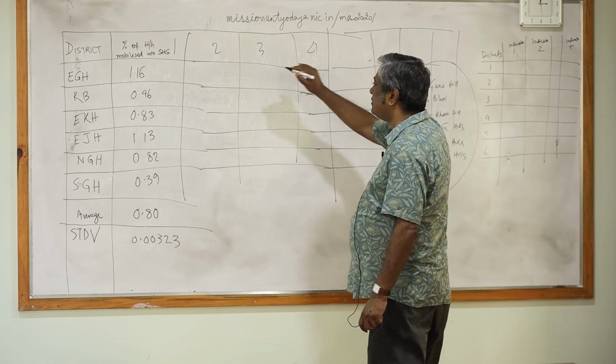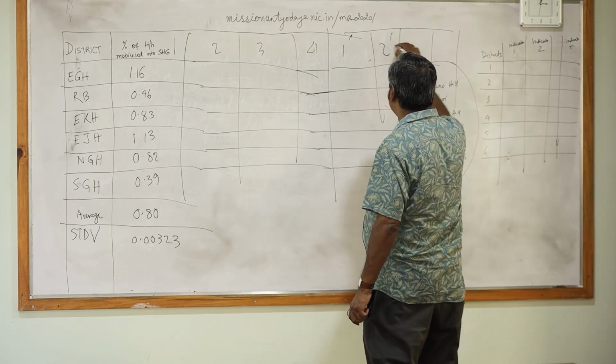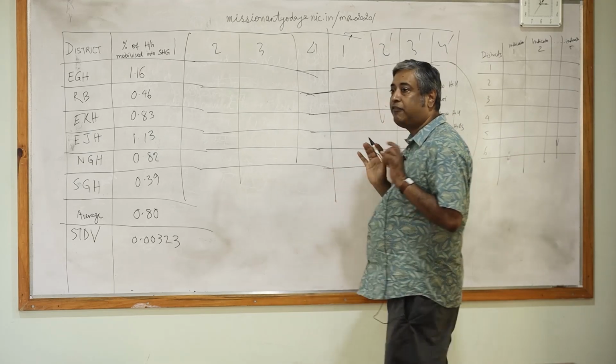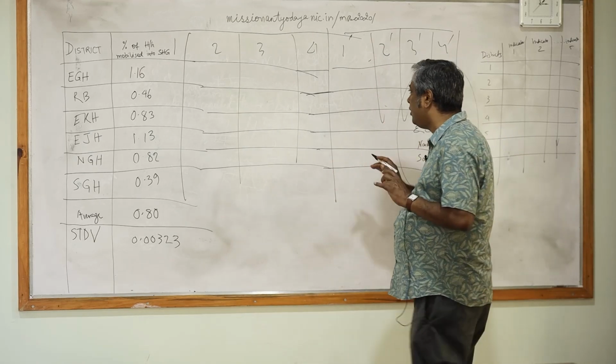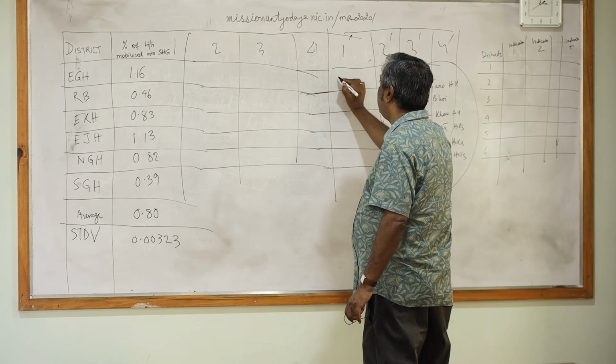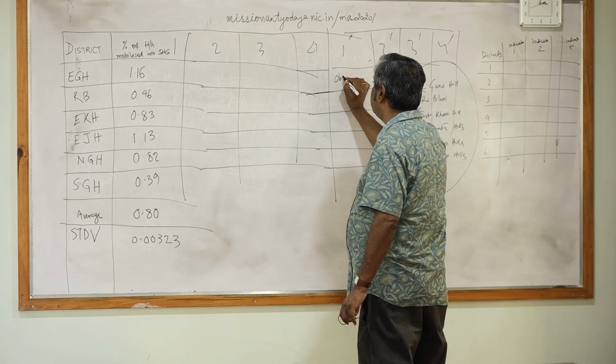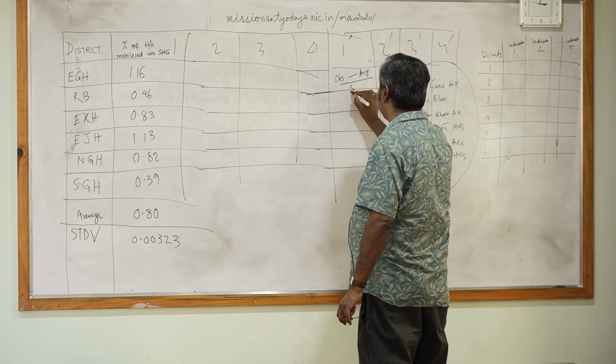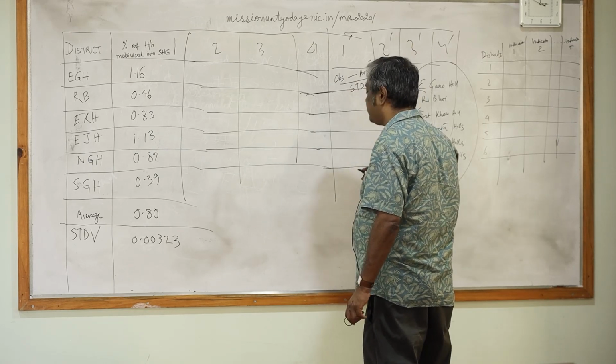So the next step, let's say 1 dash, 2 dash, 3 dash, 4 dash, there is a formula. The formula is observation minus average divided by standard deviation, right?